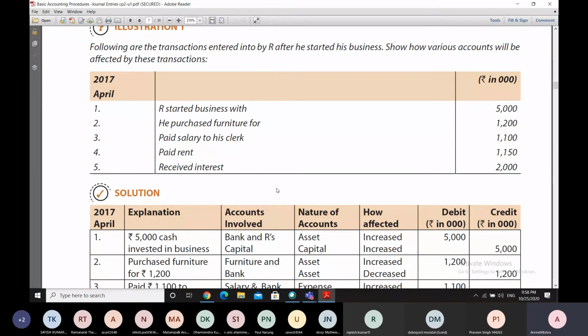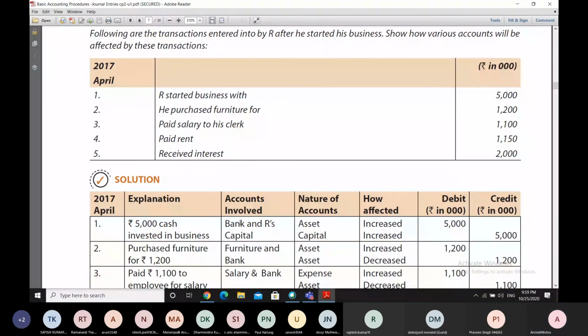So, from this transaction, 2 accounts will be affected under the double entry system. One is the bank account, and the other is R's capital account. Let's say he has made a check payment to the company. So in the company's bank account, a 5,000 increase is there, and at the same time in R's capital account, a 5,000 increase would be there.